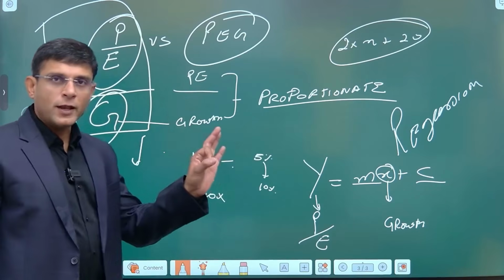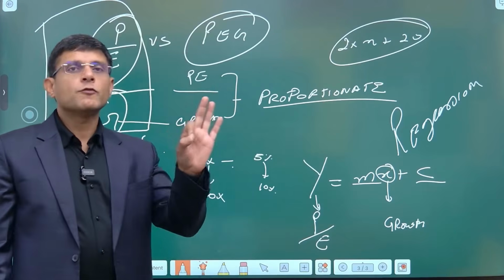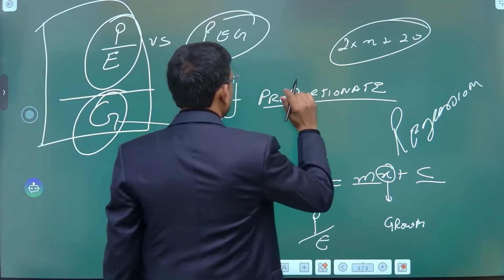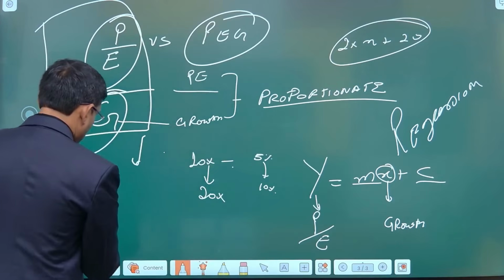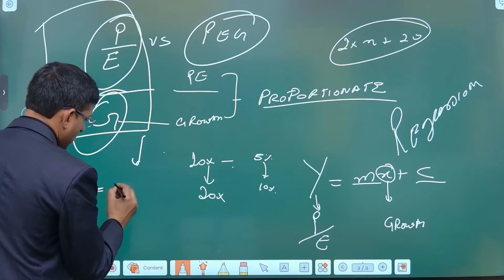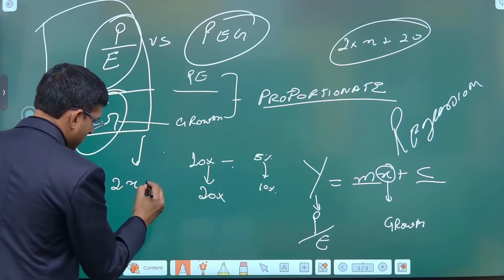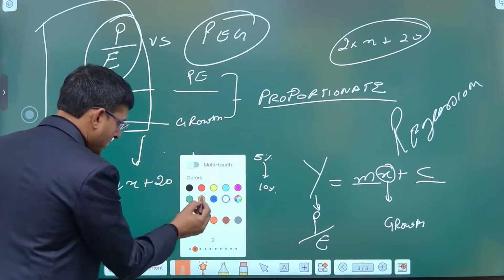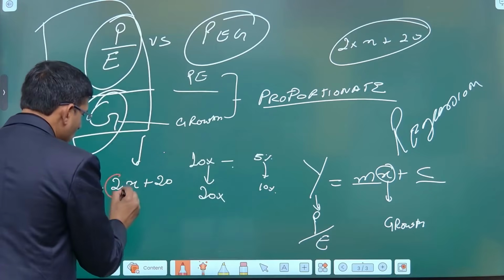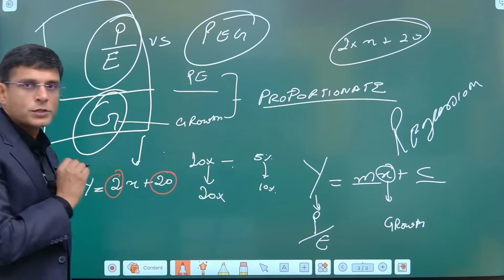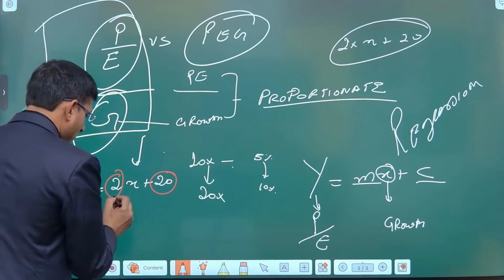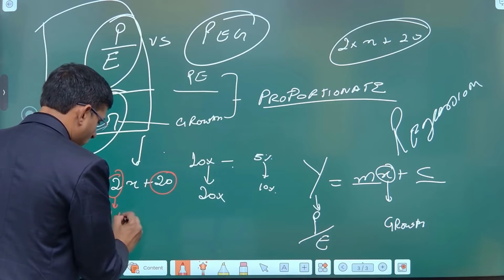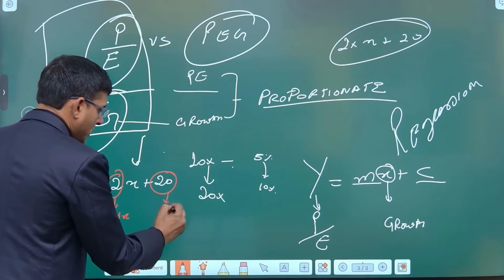So it says, give me the value of x in this equation, and I'll give you the value of P. I'm repeating: in case y is equal to 2x plus 20, in this 2 is constant and 20 is also constant. You will get to know this is the coefficient of x, and this 20 is the intercept.